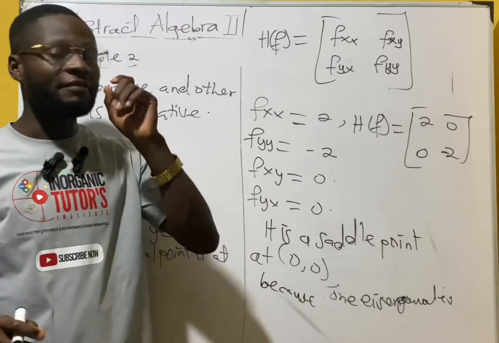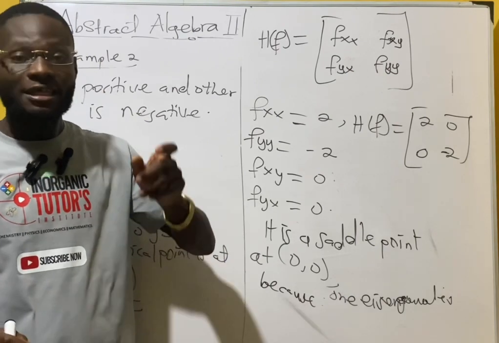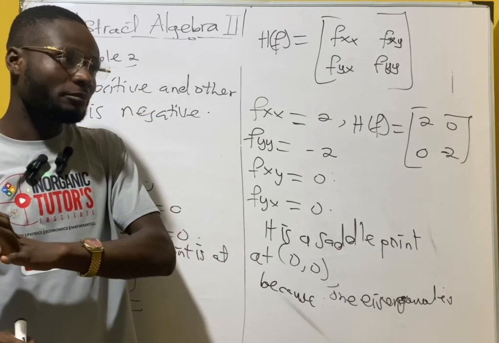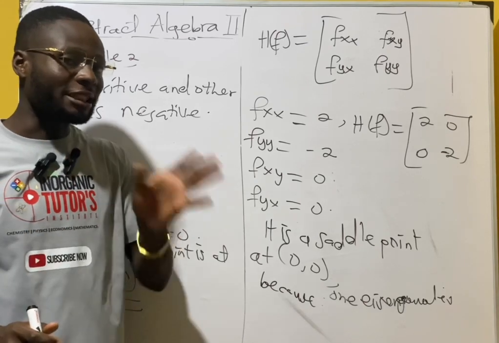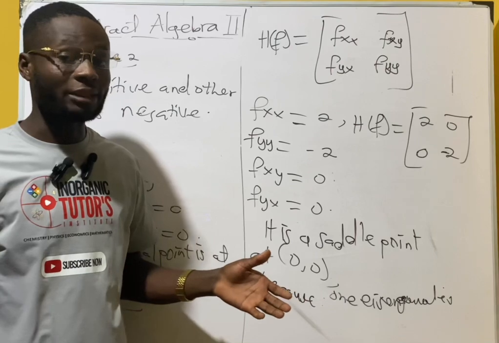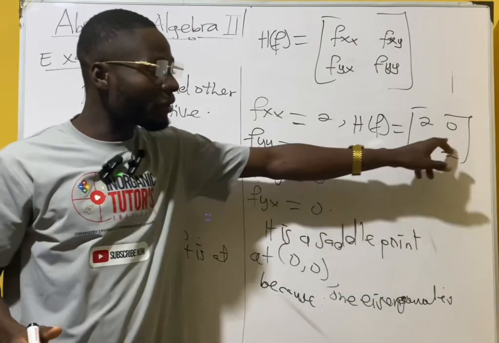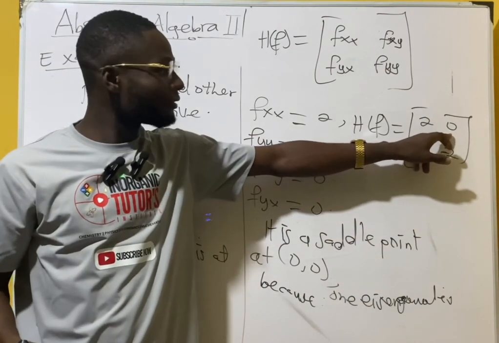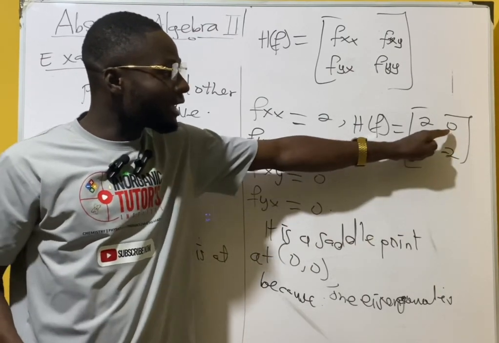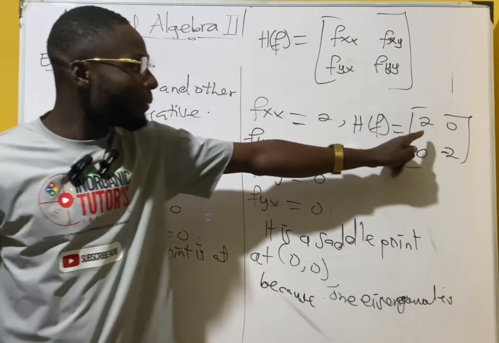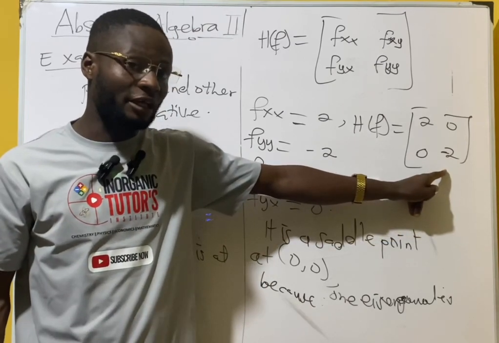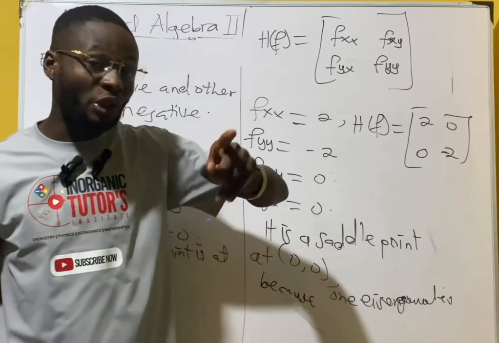Once again, if you have a diagonal matrix and you want to determine whether it's a local minimum, maximum, or saddle point, then the work is going to be easy, because the off-diagonal elements are 0. So the main diagonal elements become the eigenvalues.